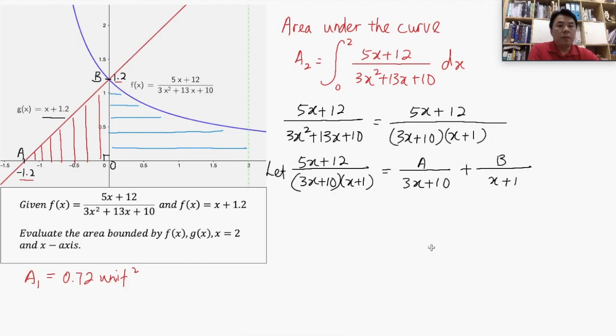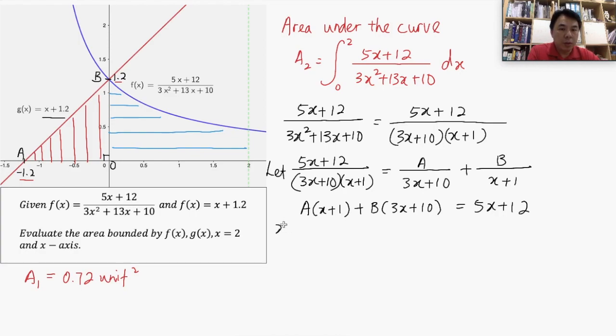And then from here, we are going to solve for A and B so that we can get its partial fractions format. One way we can do this: that will be equal to 5x plus 12 by comparison.